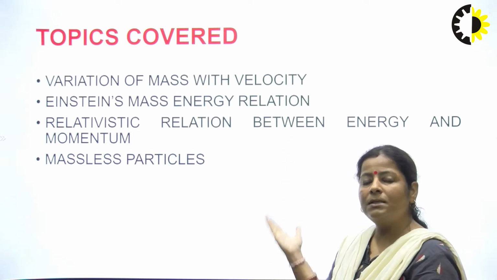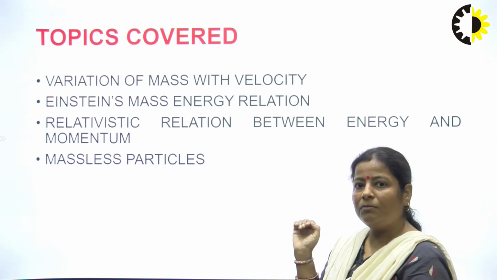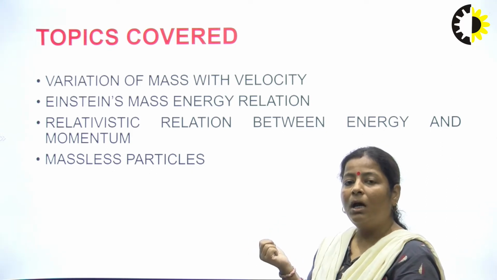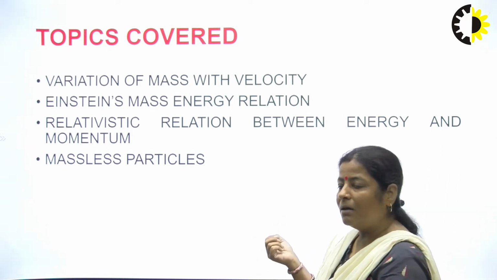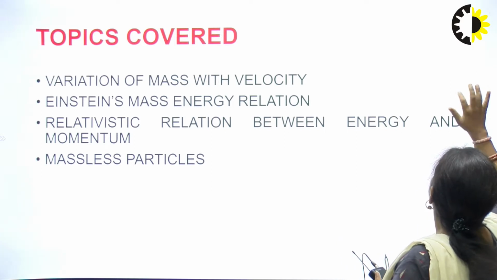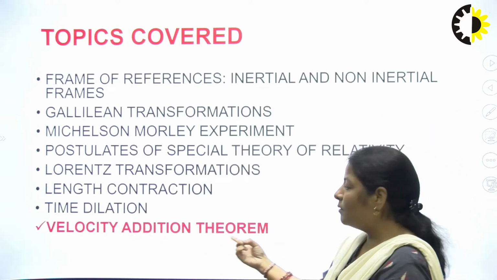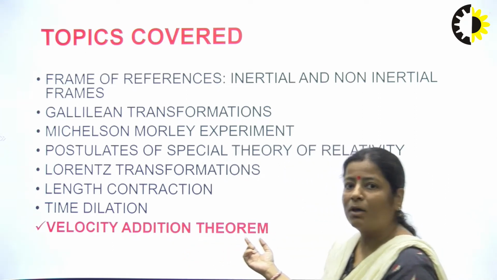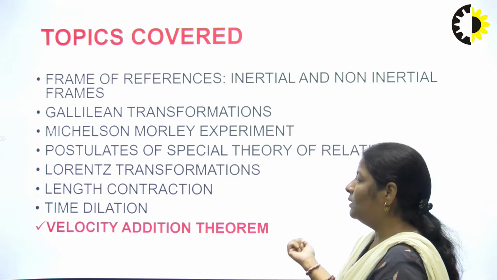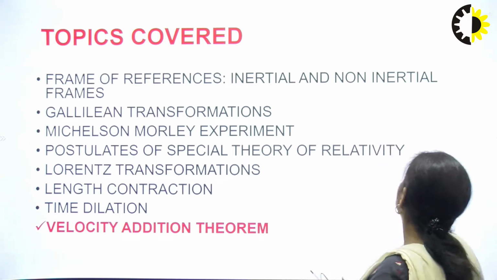This is the topic content we are covering in this Unit 1, relativistic mechanics. In this content, I will be talking about this velocity addition theorem, as you can see. So, velocity addition theorem we will discuss.